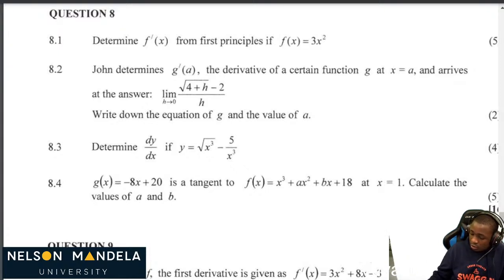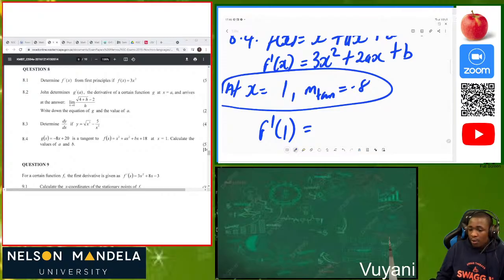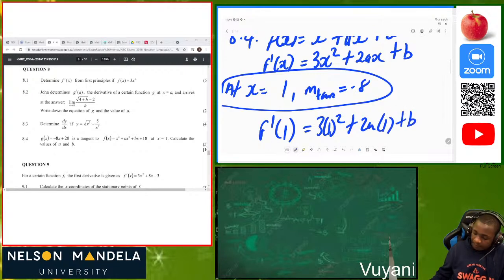Let's start by substituting the x value where the tangent and our polynomial graph intersect. So we're going to have 3 times 1 squared plus 2a times 1 plus b.